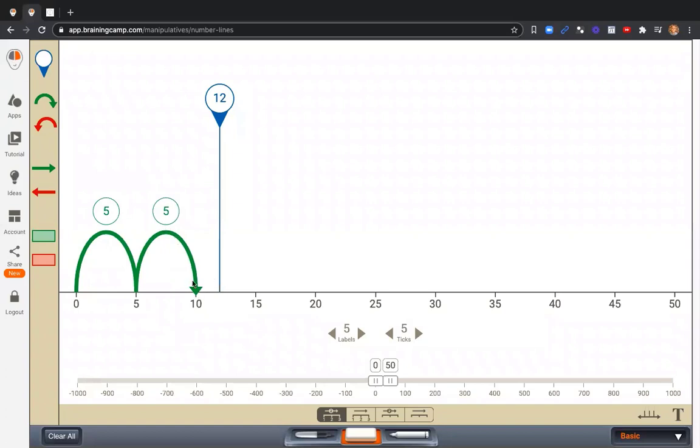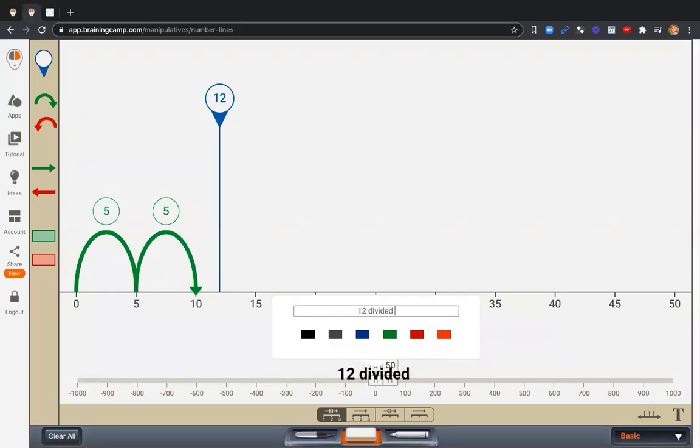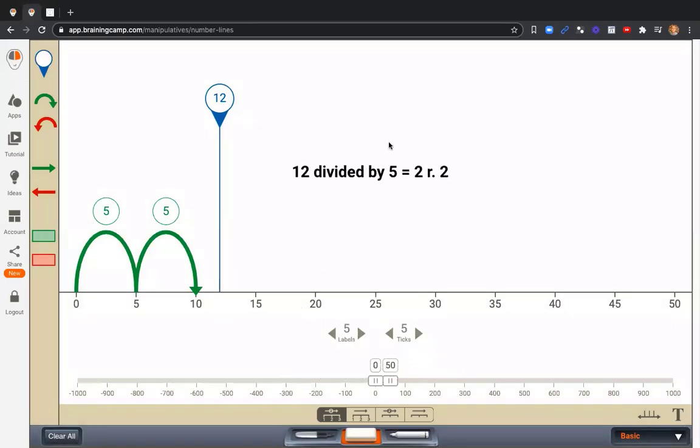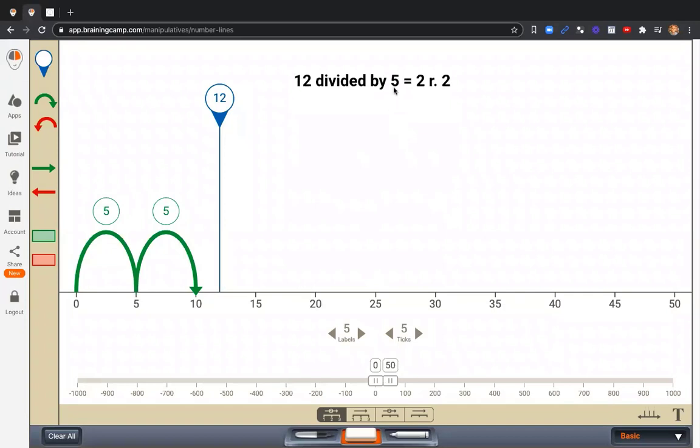Here is a second group of 5. So I can make 2 groups of 5. The difference between the 10 and the 12 would be 2, so a remainder of 2. We would say 12 divided by 5 equals 2, remainder 2.